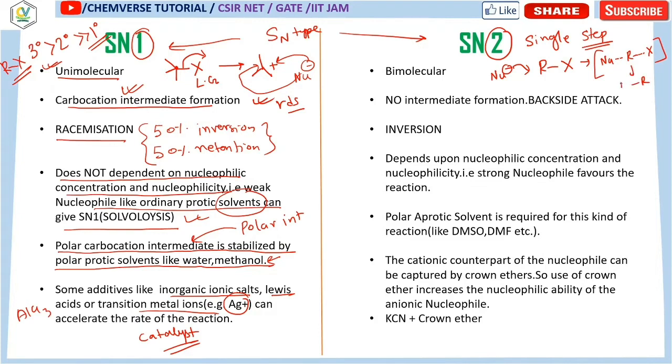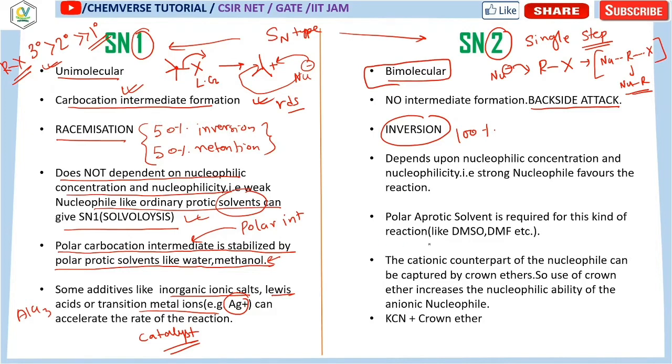The nucleophile attacks from the back side, and so we get the inverted product. So here 100% inversion is taking place, and since it is a single step reaction, it is called a bimolecular reaction.